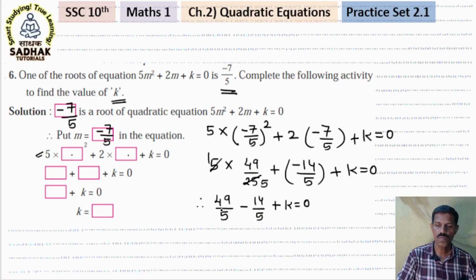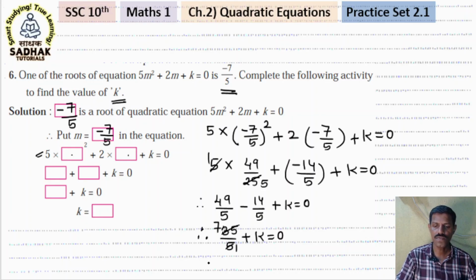Now we can see in both these fractions are like fractions because their denominator is same. So we can simply subtract the numerator. We can subtract 14 from 49. So 49 minus 14 will give us 35 upon 5 plus k is equal to 0. So 5 ones are 5, 5 sevens are 35.